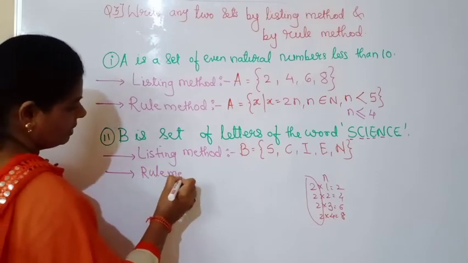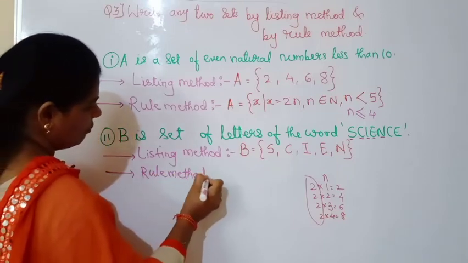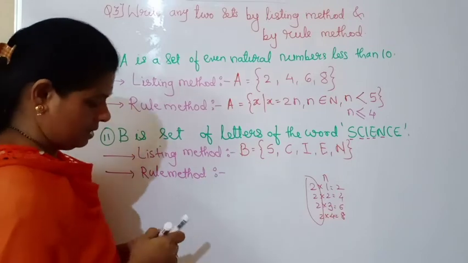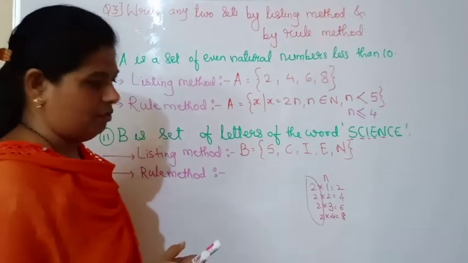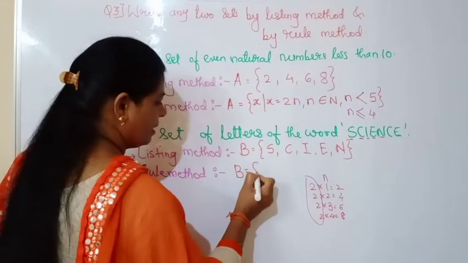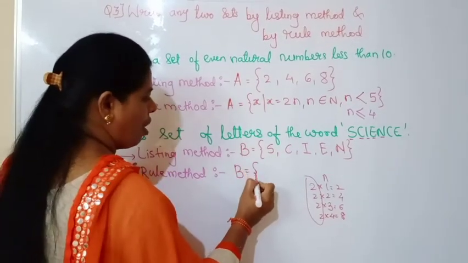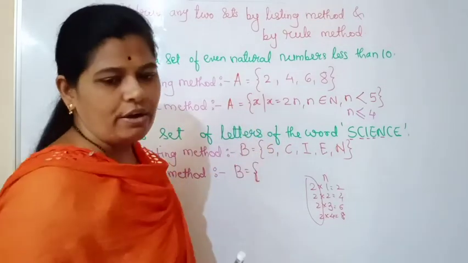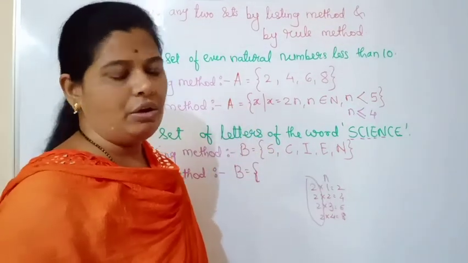Now what is the rule method? We have to express this thing in a statement form or in a word form. So set B is a set of all X, or you can write Y, you can take any alphabet.